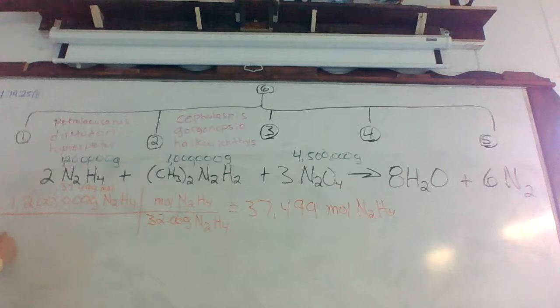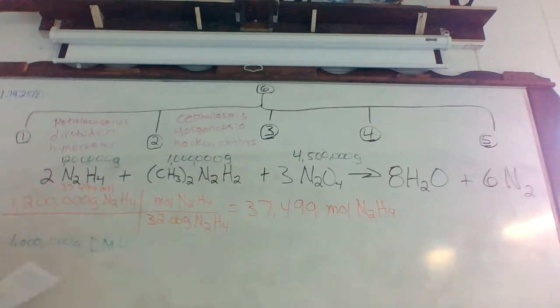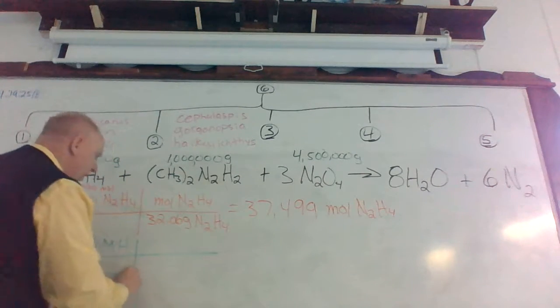So now we've got 1,000,000 grams of, I'm just going to abbreviate that as dimethyl hydrazine. I believe that's what that would be. So DMH is this compound right here. That might be kind of hard to see.